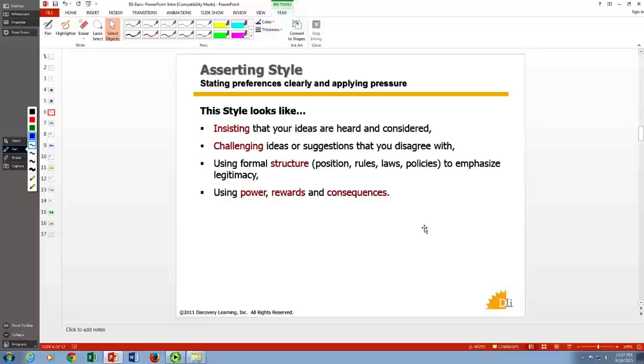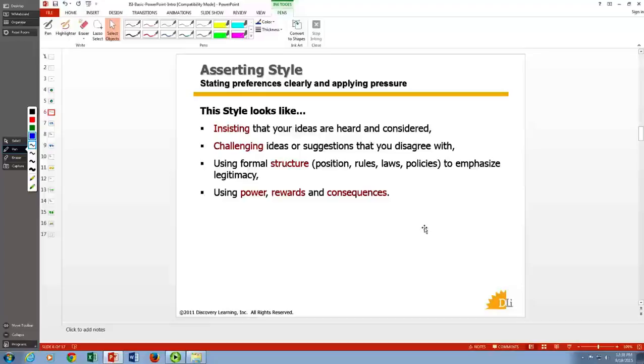But it also relies on, oftentimes, the formal authority that exists, the structure, and falls back on rules, procedures, policies, really as a way of influencing others. It's very common in the asserting style to use power as the dispense of rewards and consequences.